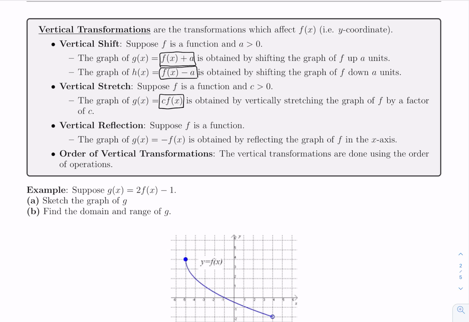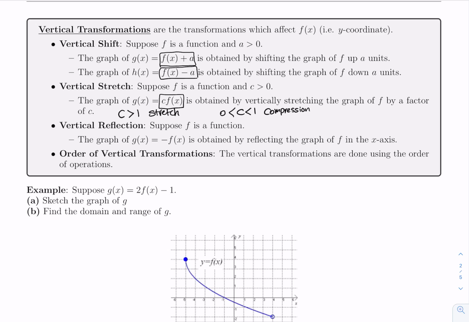In the case where c is greater than 1, this will actually become a vertical stretch. But in the case where c is less than 1, this will be a compression. You will see the graph of f being squeezed in this case.